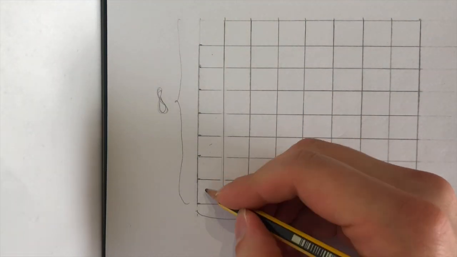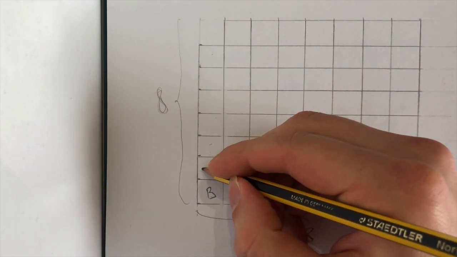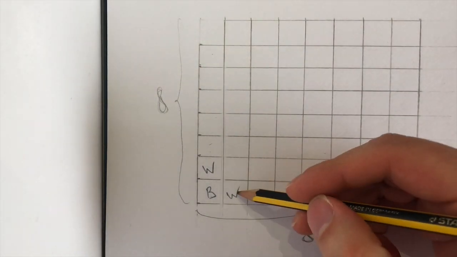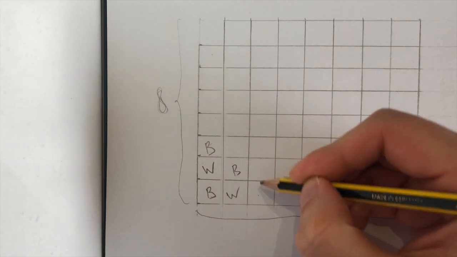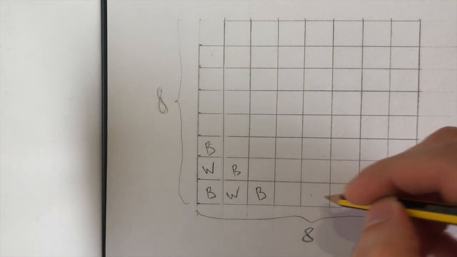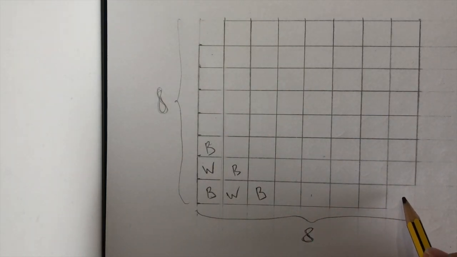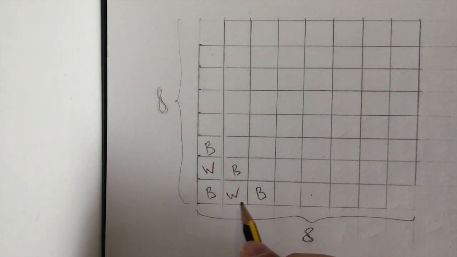Suppose I make this corner black, then by the rules of coloring, these two cells need to be white, and these have to be black, and so on. Now, if I just try and deduce the colors of these corners, what do I get?